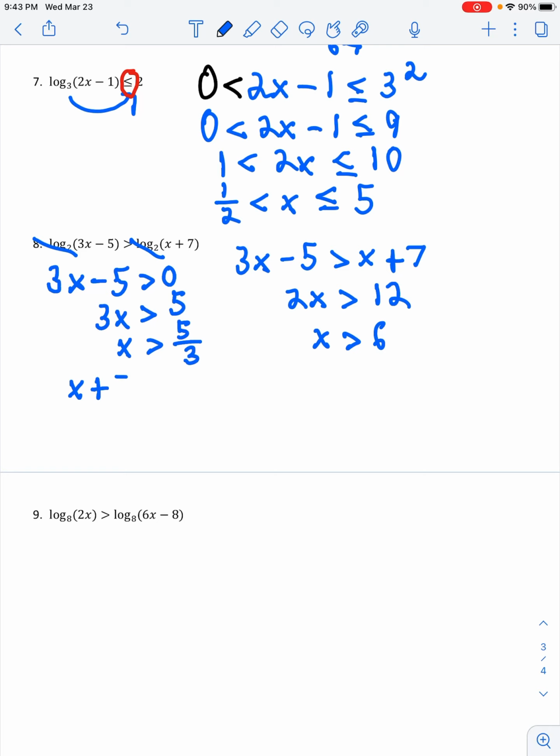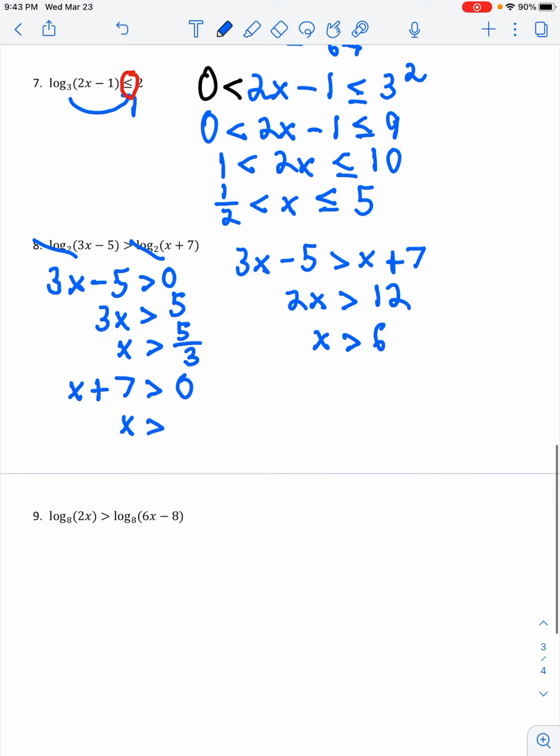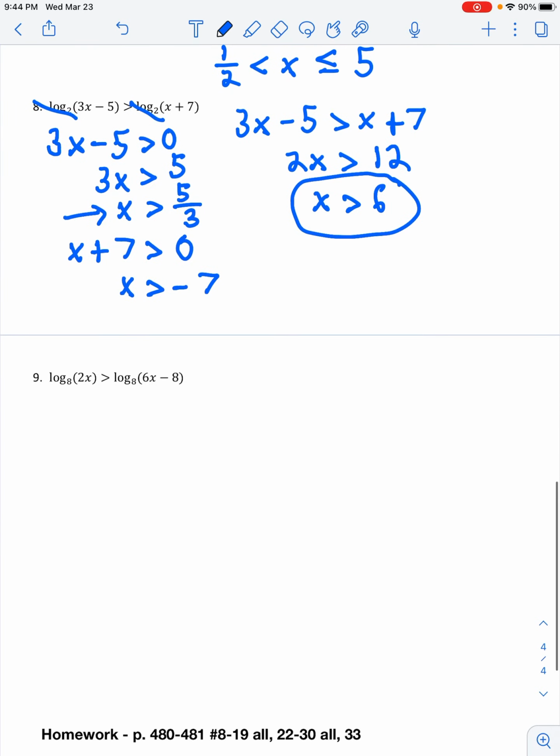And then if I set the other argument, x plus 7, greater than 0, x has to be greater than -7. So we have to go with the larger one, which is this one. But 6 already is greater than 5/3, so we don't have an issue. That is our solution. But let's see what happens in number 9.